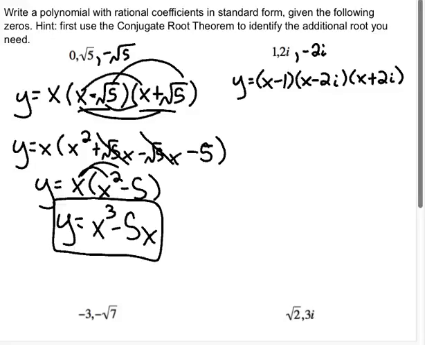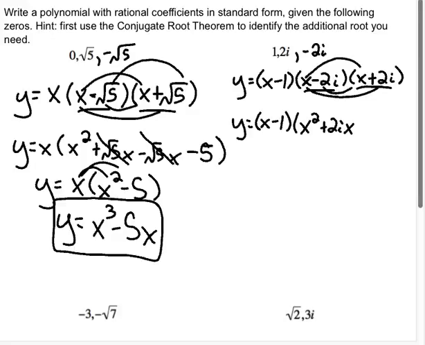All right, once you make the factors, now be smart about how you FOIL them out. So here, I'm going to select these two as the two that I'm going to FOIL out. All right. So let's FOIL those. X squared plus 2ix minus 2ix.